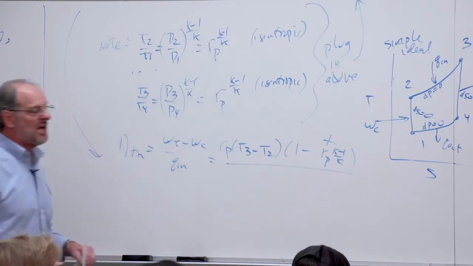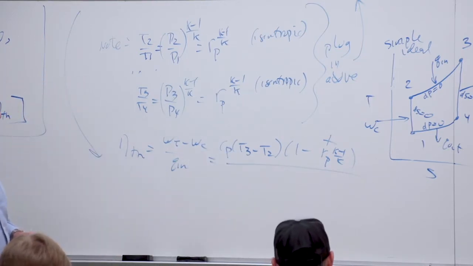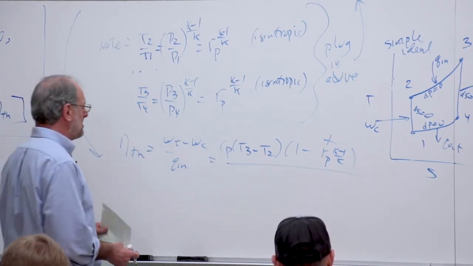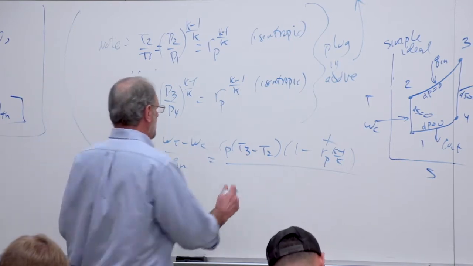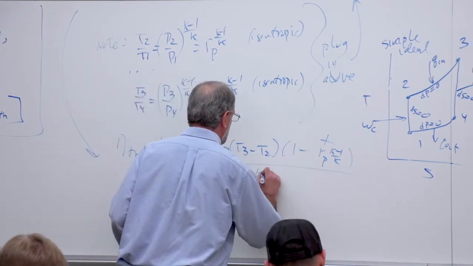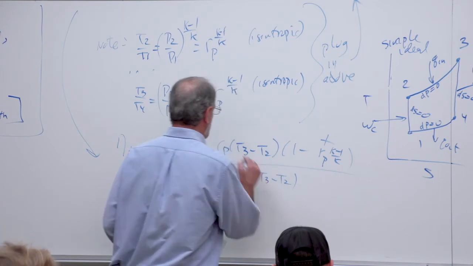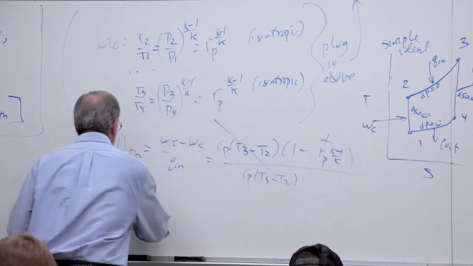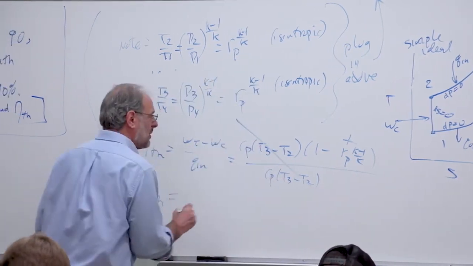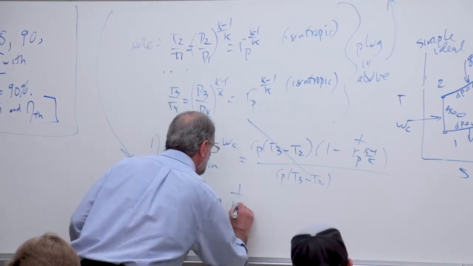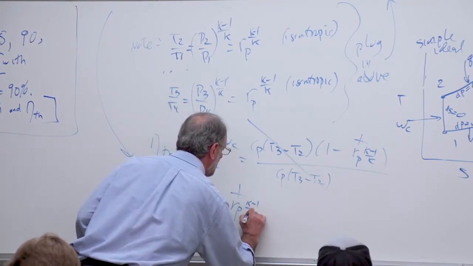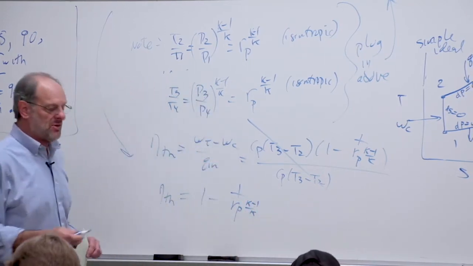And then what about our denominator? Well, it's the same as those first terms in the numerator, isn't it? The heat input from 2 to 3 is just the enthalpy change, which is a Cp times the temperature change. And you can see that all that cancels. And we end up with exactly what we were looking for, which is an equation that's only a function of the pressure ratios.